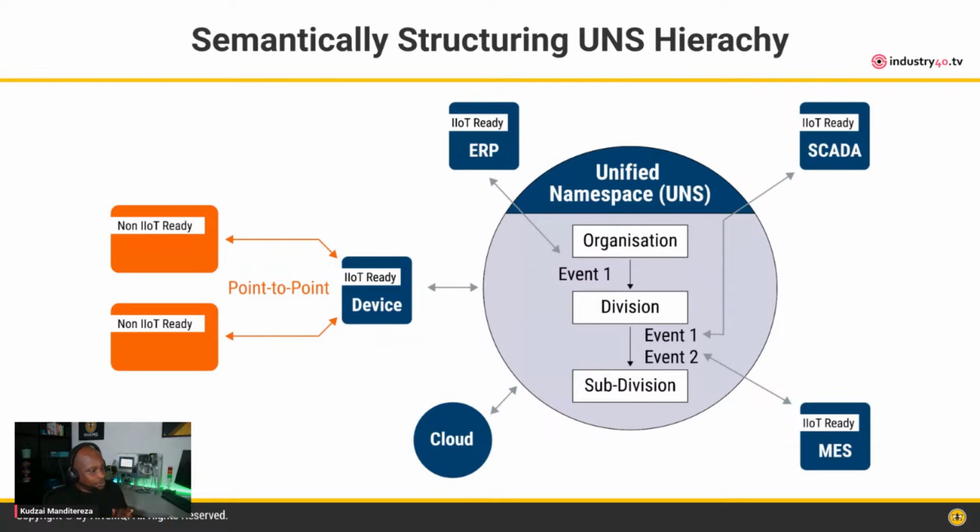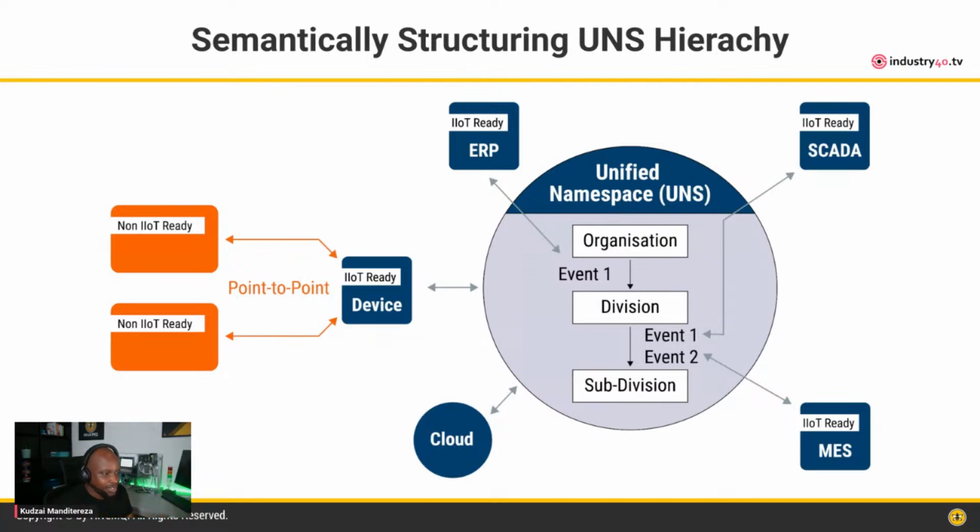Now, one of the things you're probably wondering about is what is the makeup of that central store of information? How are all these events being generated from the edge organized in that central store?